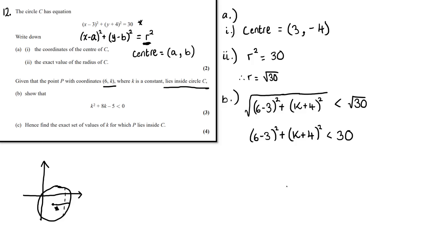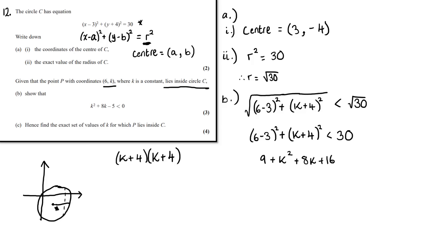Well, 6 minus 3 gives us 3. So we get 3 squared there, which is 9. This is a double bracket here. So expanding this double bracket, that's going to be (k plus 4) times (k plus 4). So clearly I'm going to get k squared. I'm going to get 4k and I'm going to get another 4k. So adding them together I get 8k. And then finally 4 times 4 gives me 16.